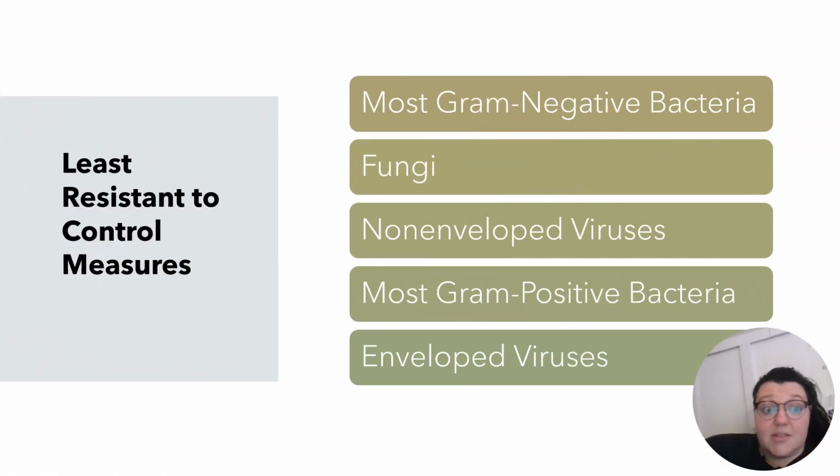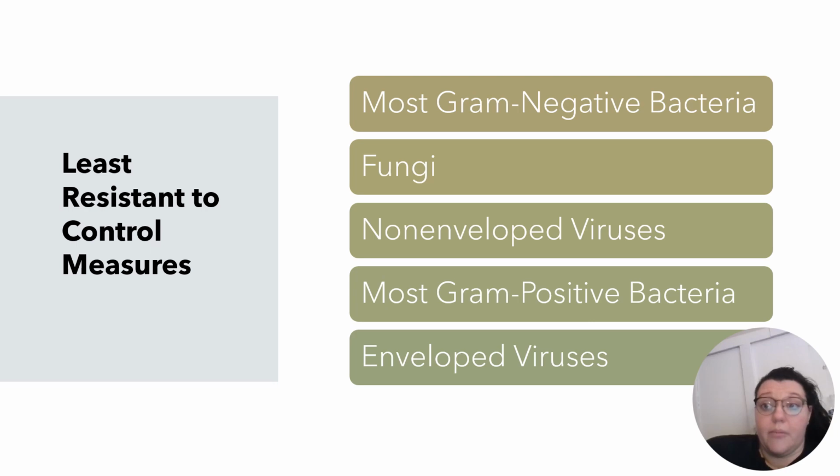So this is a list of things that are least resistant to control measures. That would be most of the gram-negative bacteria, fungi, non-enveloped and enveloped viruses, and also most of your gram-positive bacteria.